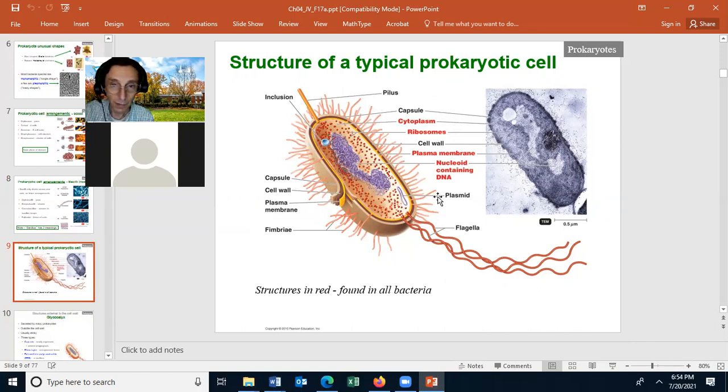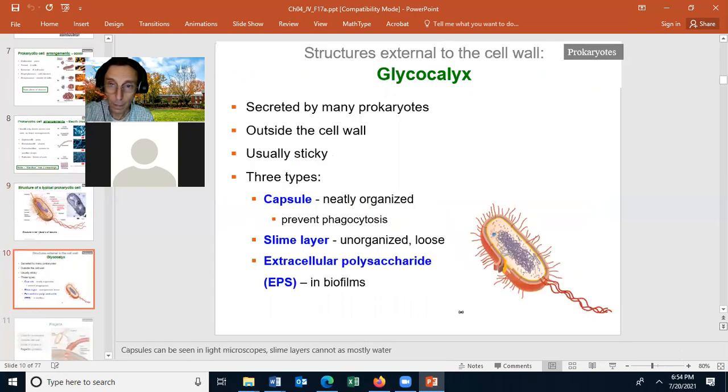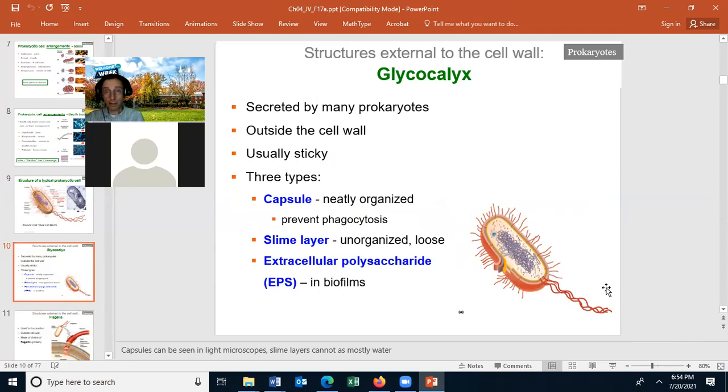Well, I can mention we'll talk about the cell wall, about capsules, inclusions, flagella, and the plasma membrane. I guess we'll briefly talk about fimbriae too. The glycocalyx is something that the cell makes and secretes, but we call it outside the cell because it's outside the cell wall. It's usually sticky, and there are 3 types of glycocalyxes.